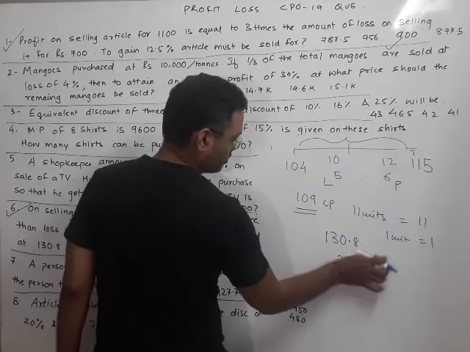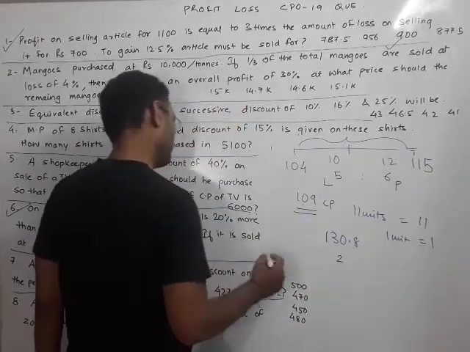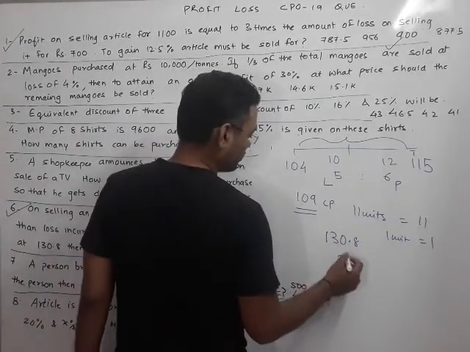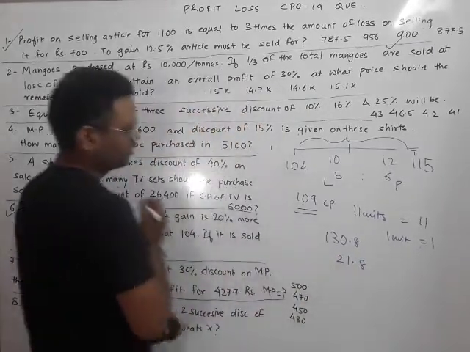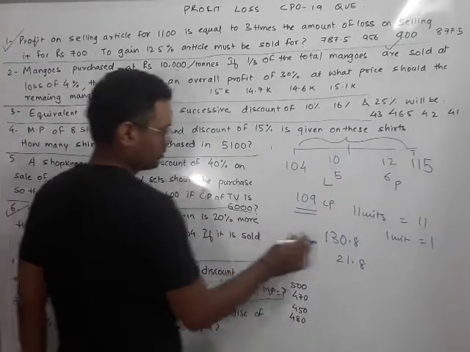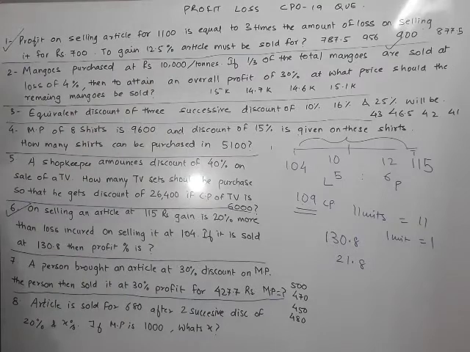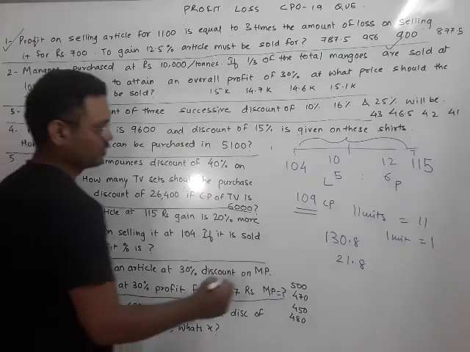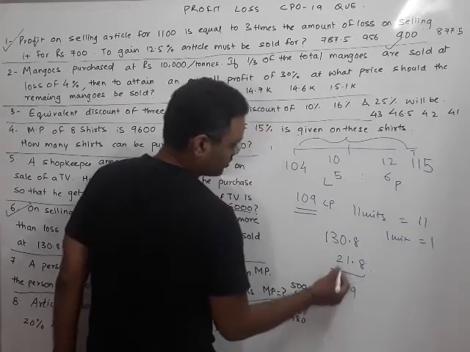Not 20.8, 21 point. How much will be the difference? 21.8, right? If you subtract it, 21.8 on how much? 109. So this is how much. It's clearly visible.